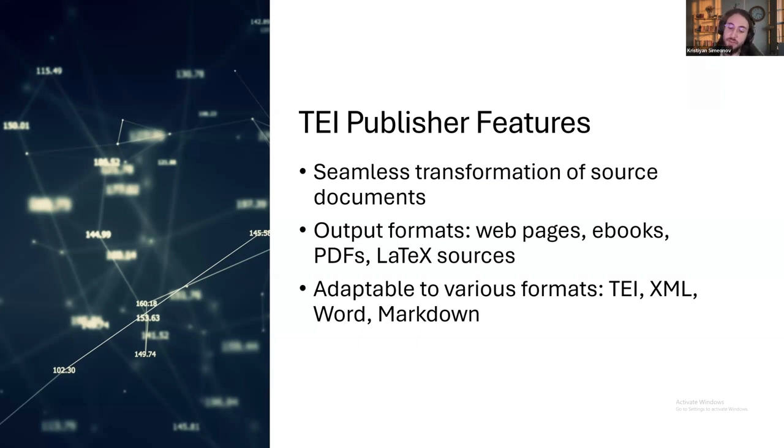The text needs to be embedded into an application context, adding navigation, pagination, search, facsimile display, and so on. The larger part of TEI Publisher deals with those aspects, providing all the necessary building blocks for an online edition.